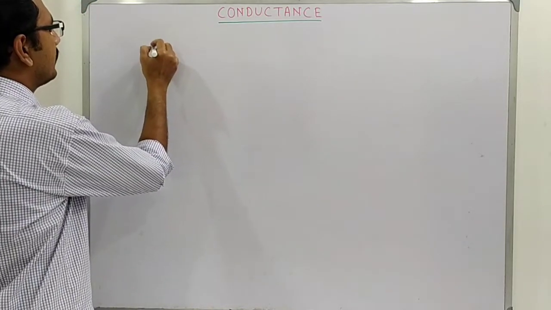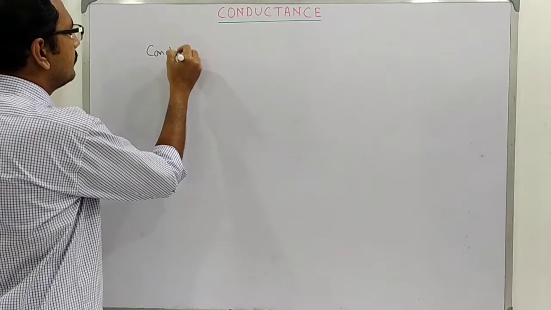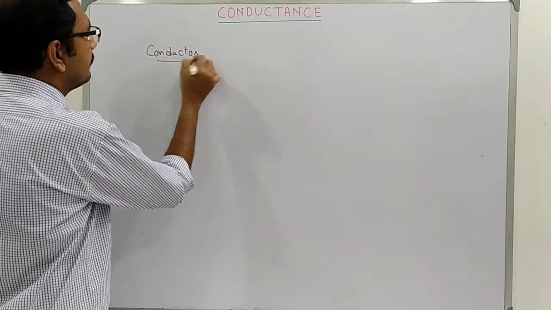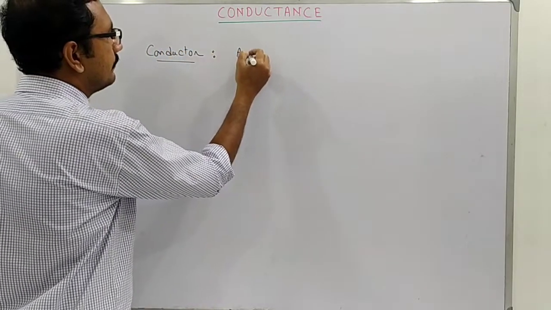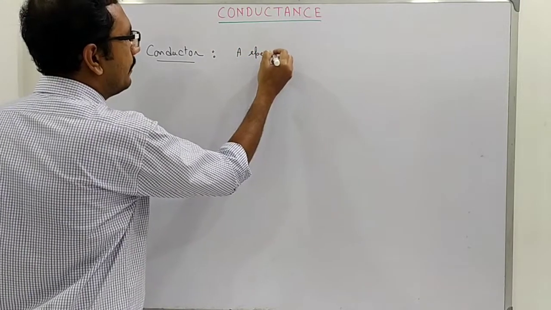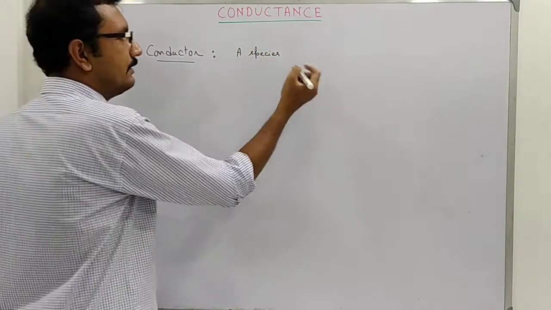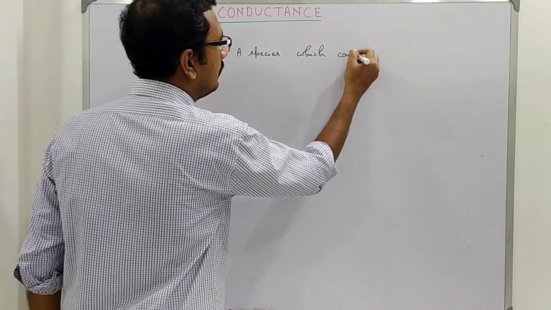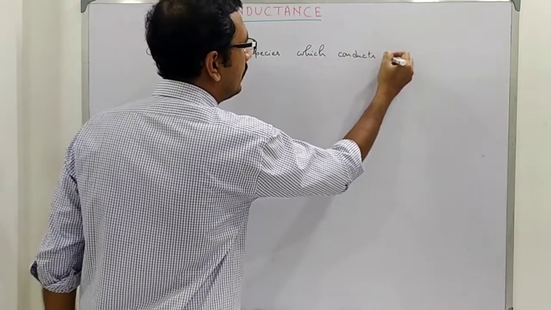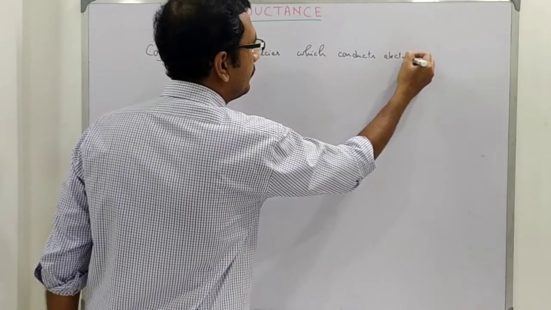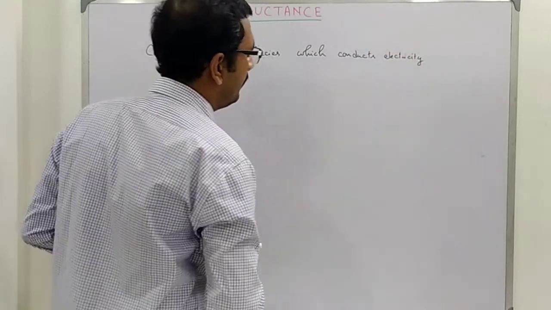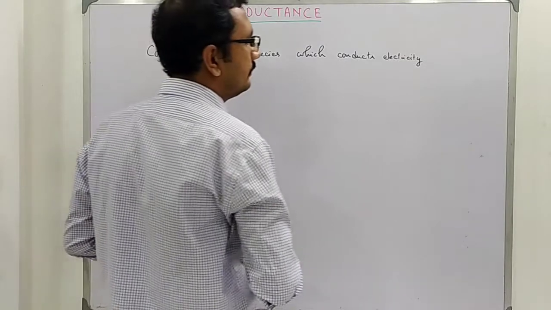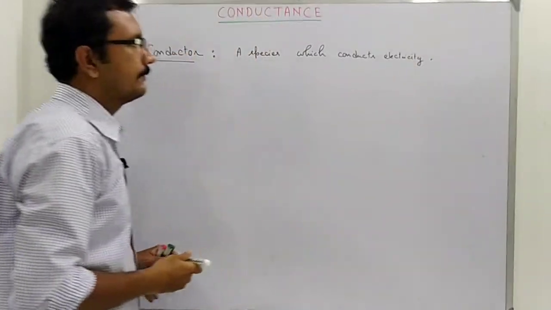Now, what is a conductor? A species or a substance which conducts electricity is called a conductor.